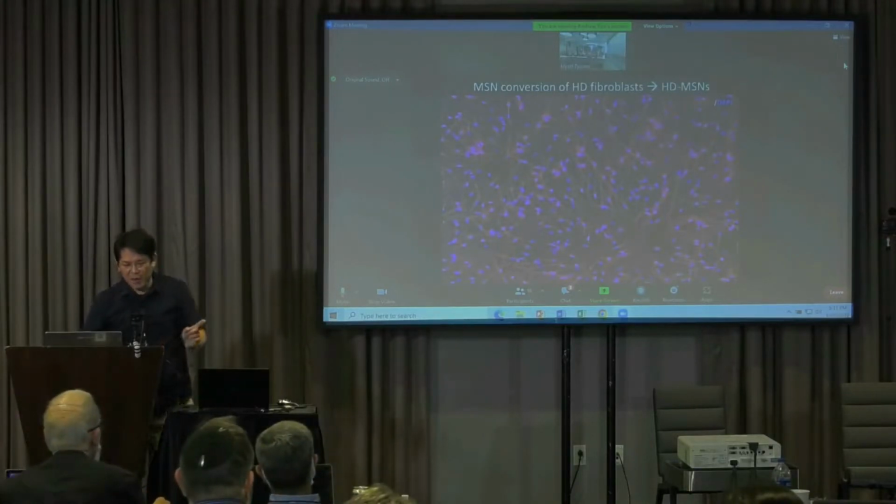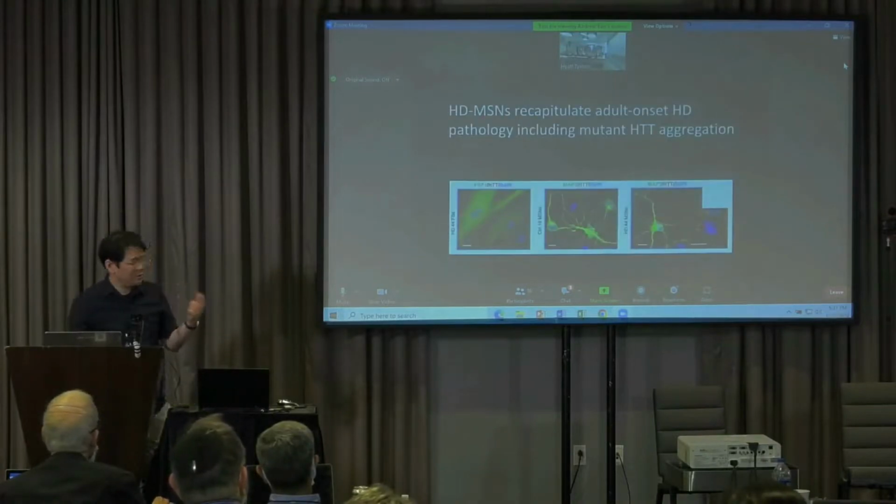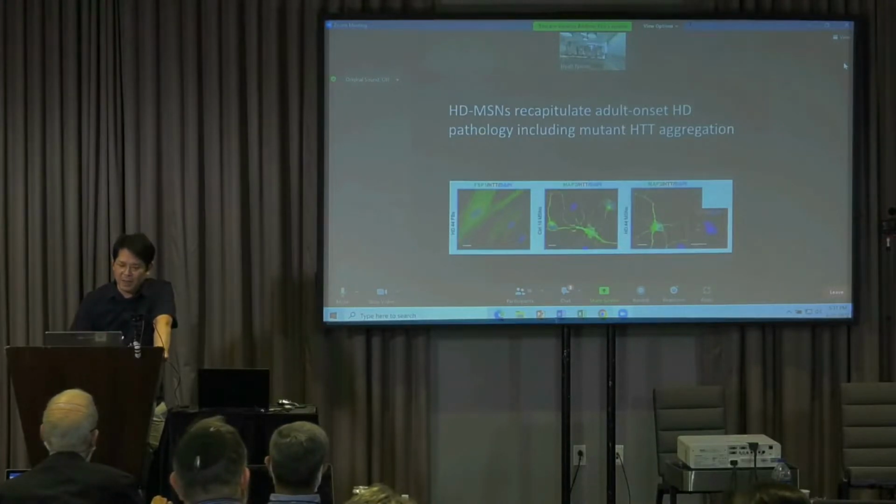What's important about these directly reprogrammed neurons is that if you look at some of the pathology that happens during adulthood, we can actually see some pathology. This is one example where we look at aggregation of Huntingtin protein. We actually see them.